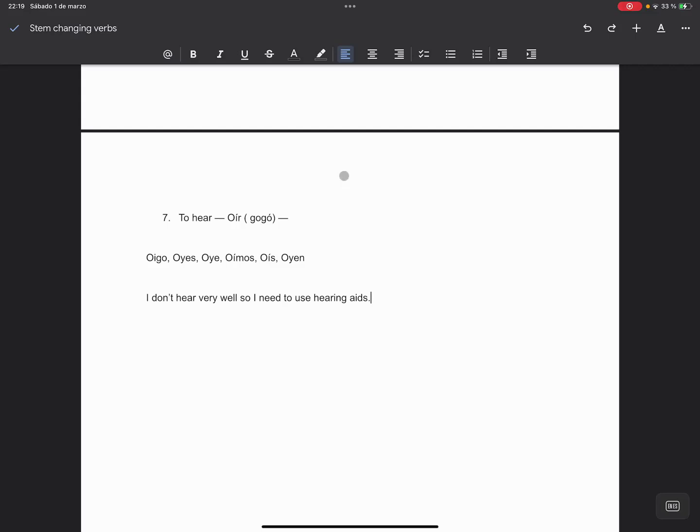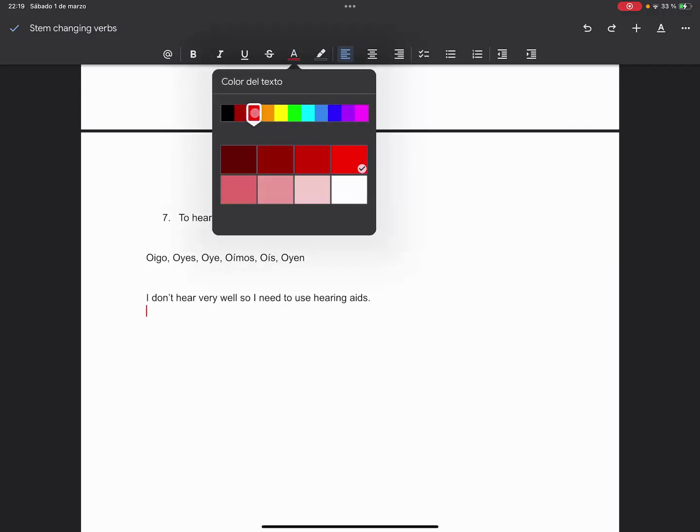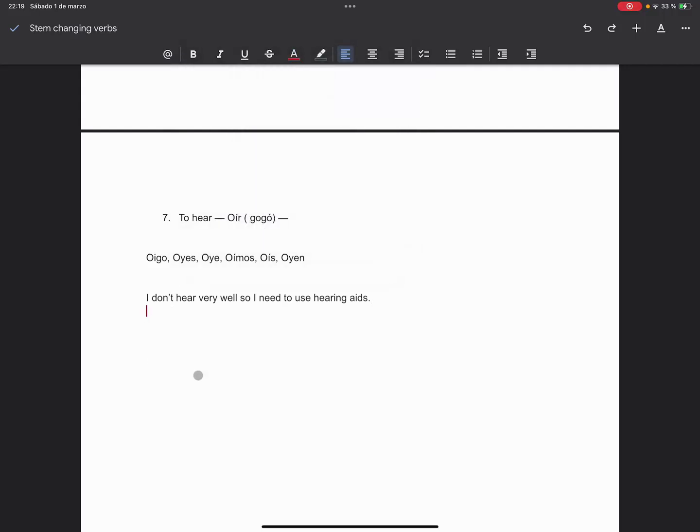I need to wear, we would use usar in Spanish. Vale. How will you say that? Remember, I don't hear, go verb needs an extra G. So yo no oigo muy bien.